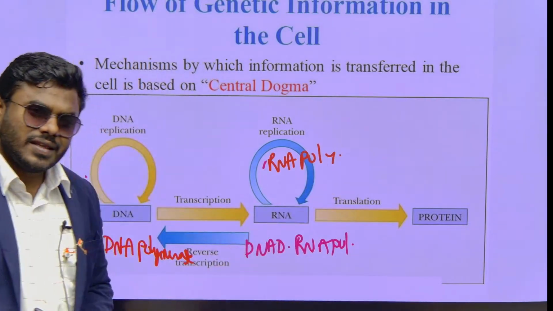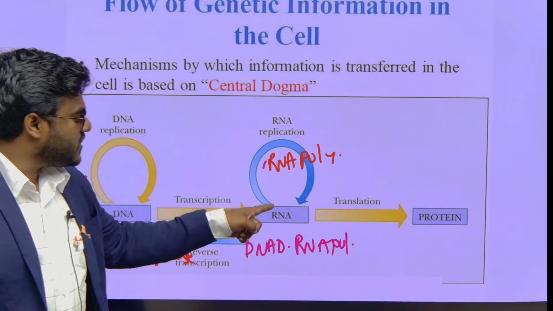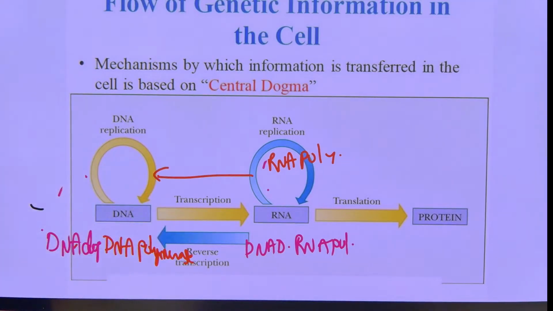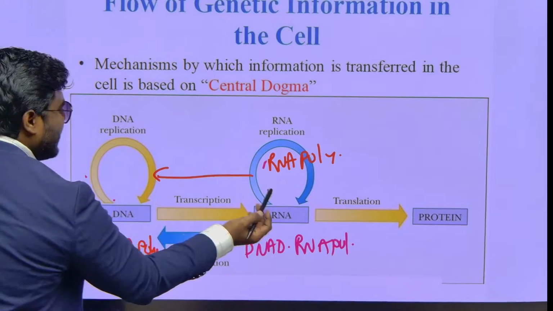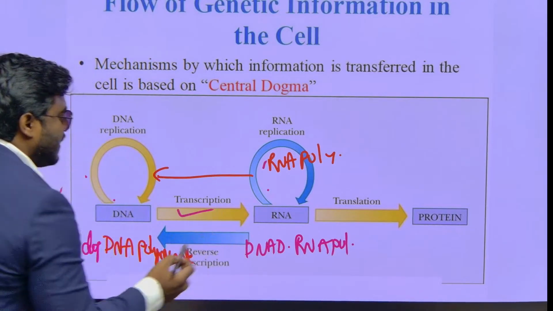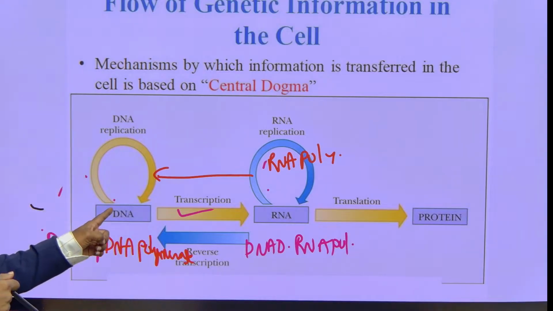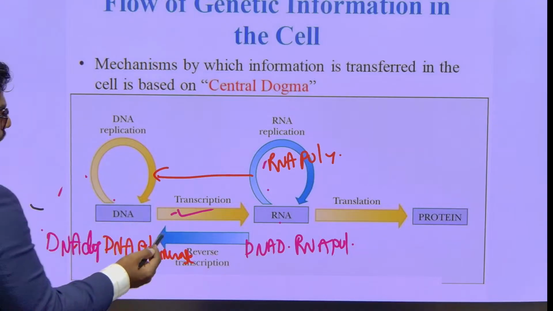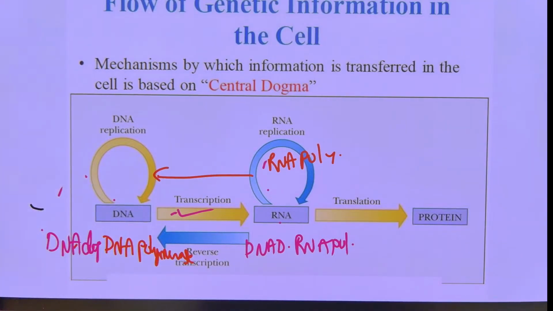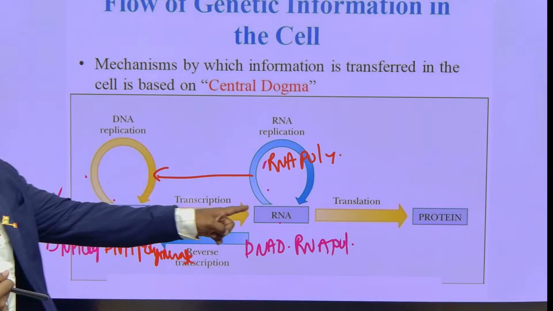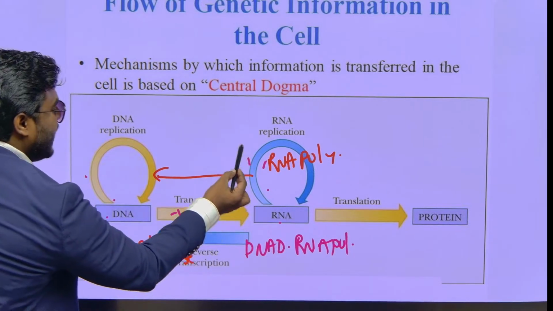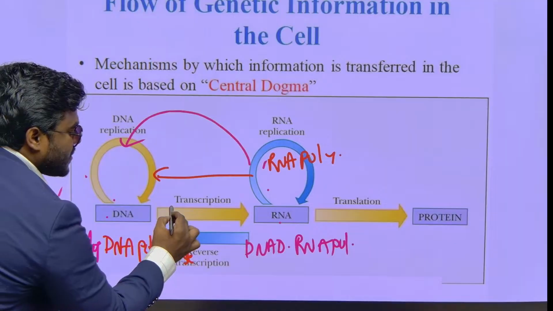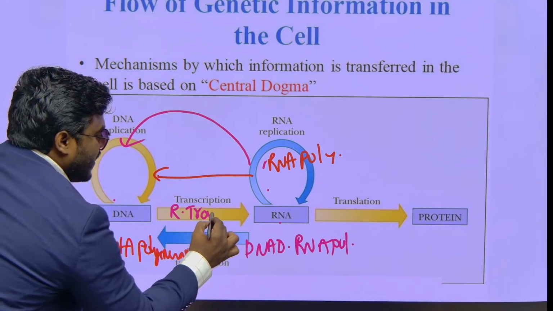And the same viruses, by using RNA, synthesize DNA. In general, we use DNA to synthesize RNA, that's why we call it transcription. In other words, DNA mediated RNA synthesis is transcription. But when a virus synthesizes DNA by using RNA, RNA mediated DNA synthesis is opposite to transcription, so it is called reverse transcription.